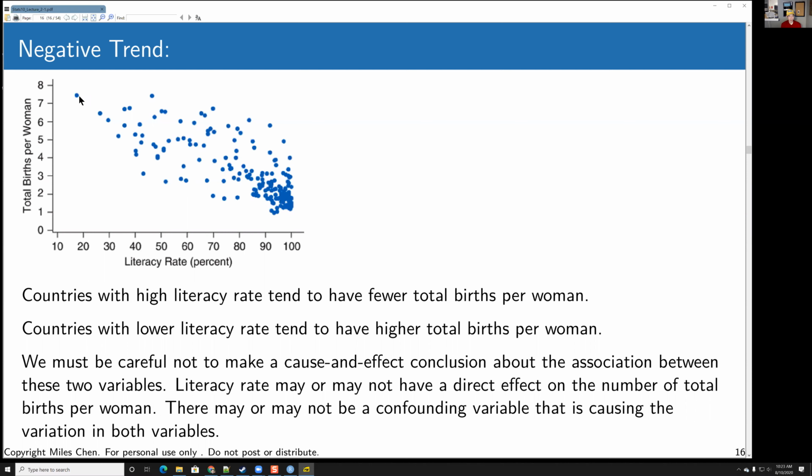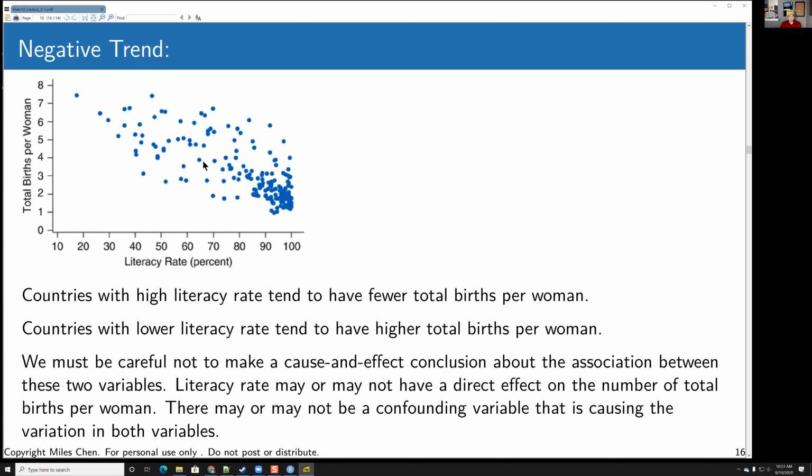It's saying that on average the total births per woman is something around 7.5. That means some women had more than 7.5 children, some had less, some might have none, but when you average and take the total number, it's something around there.